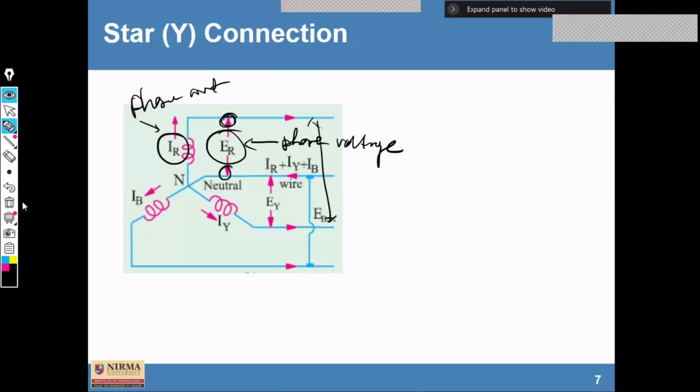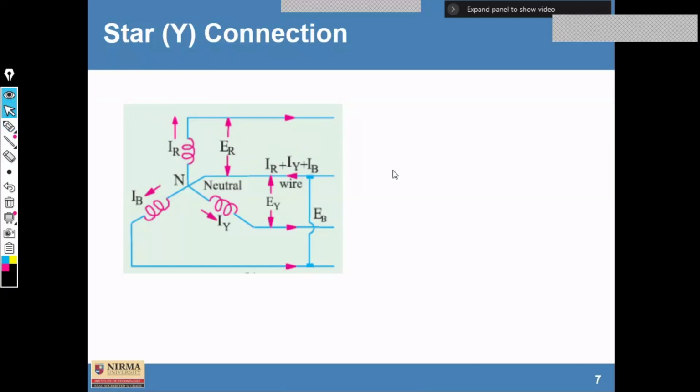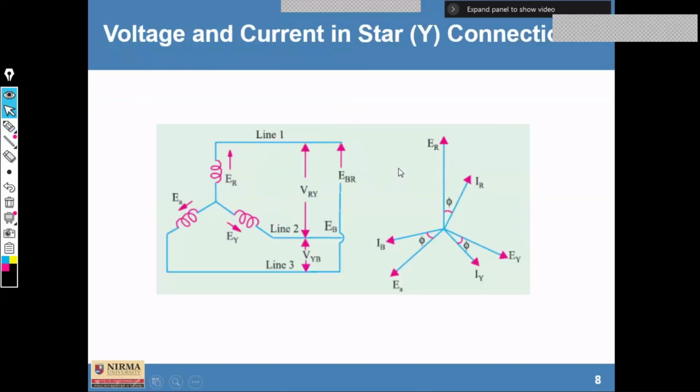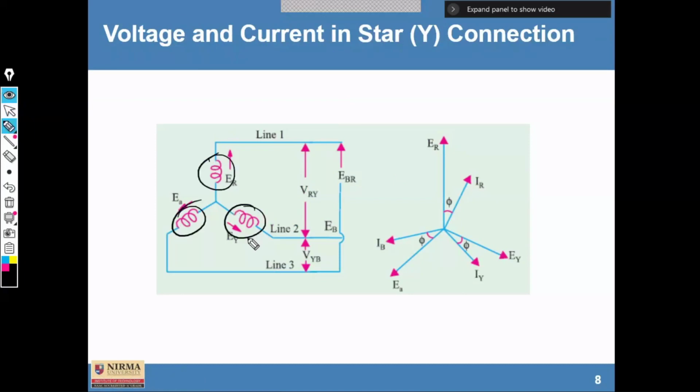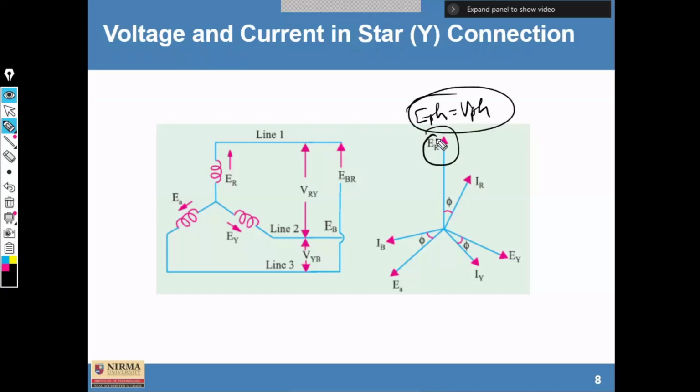Here we can have a phasor diagram of the star connection, where suppose an inductive load is connected. Then we can represent these three different voltages. ER is EPH or VPH; I am writing them repeatedly because ER, EPH, VPH are similar.